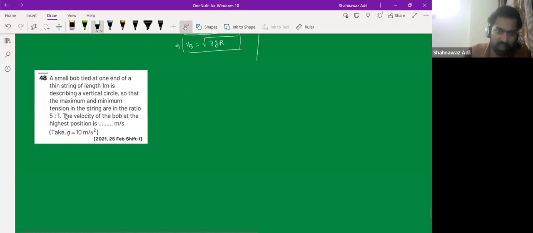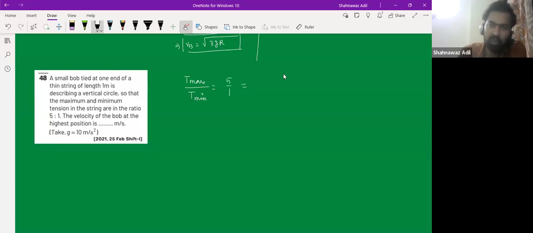So we will use what they have said, that T max by T min is 5 by 1.